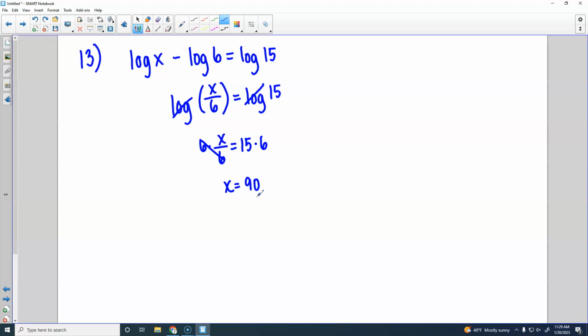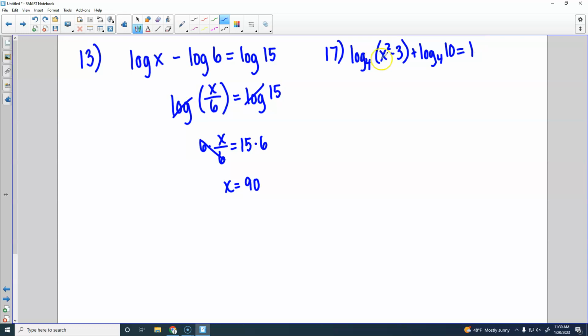Let's look at 17 because 17 is going to be different. 17, we've got log base 4 of x squared minus 3 plus log base 4 of 10 equals 1. So when I see those two logs there on that side with the plus sign in between, I know I'm going to have to put those together.